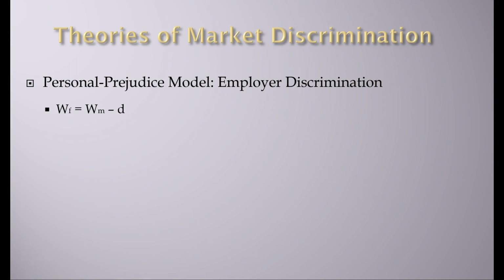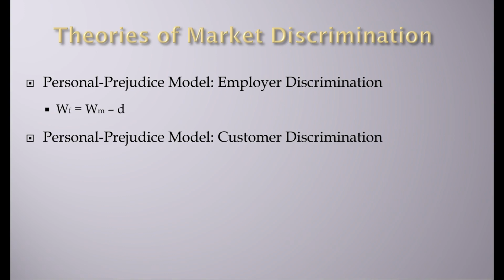And with these types of employers, profit maximization is not the same as utility maximization. These employers are willing to forego some profits in order to not work with a specific group. And so in this model, the difference between what males earn and females earn is going to be that D coefficient there.